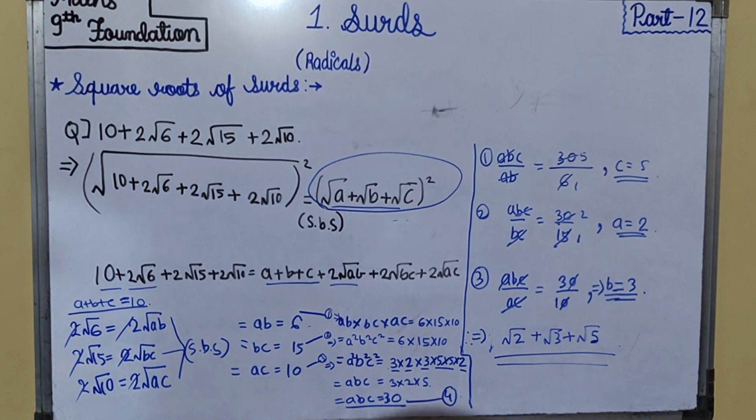Now we have learned till the square root. In the next part we'll learn the fourth root. Then we'll solve a different type of question that is very easy. But we'll see that in part 13.